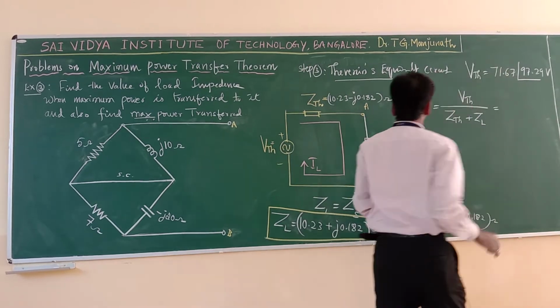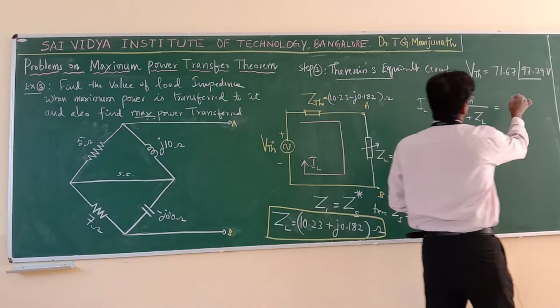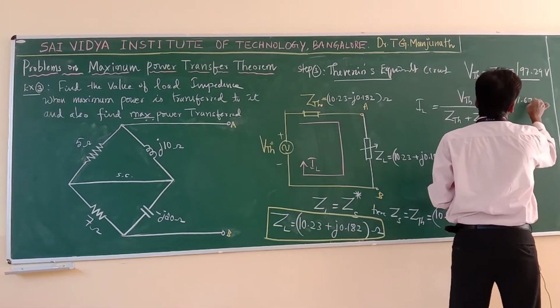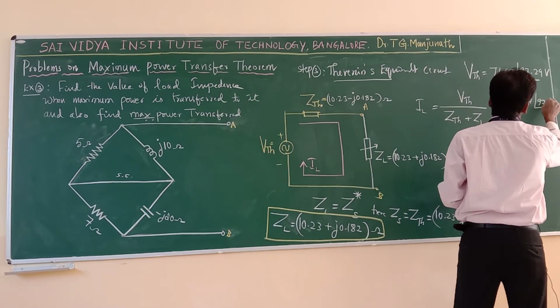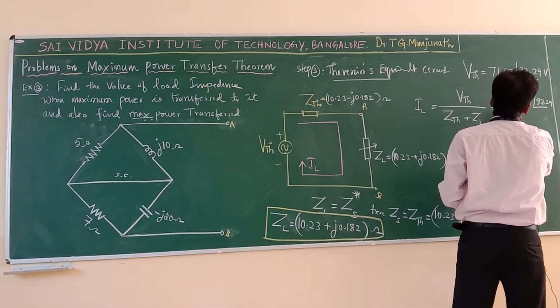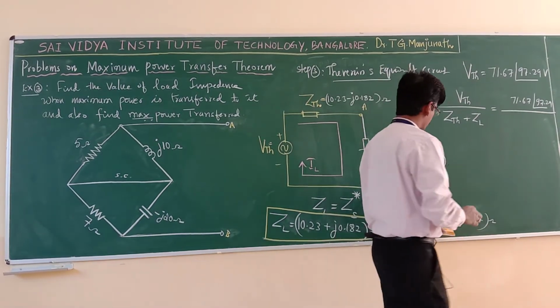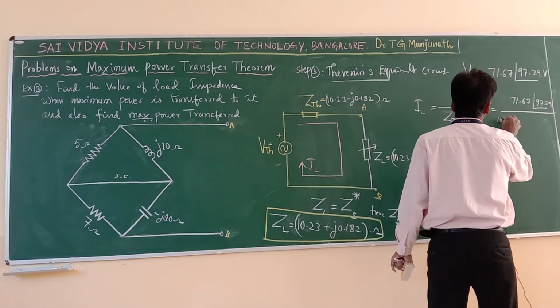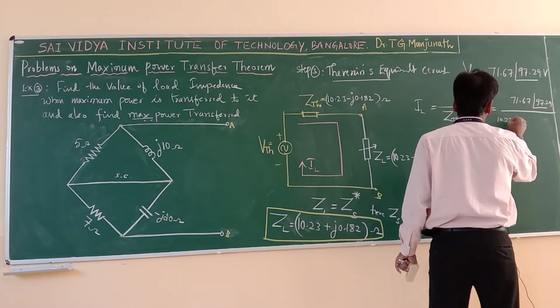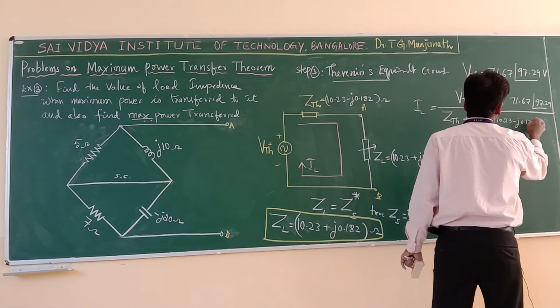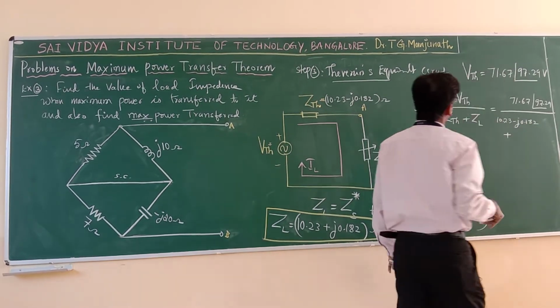That is equal to V Thevenin value, you know, 71.67 at an angle 97.29 divided by Z Thevenin, which is 10.23 minus j 0.182 plus ZL.